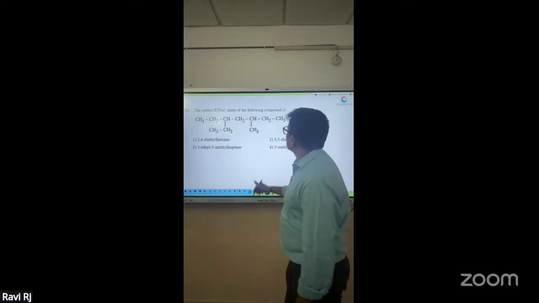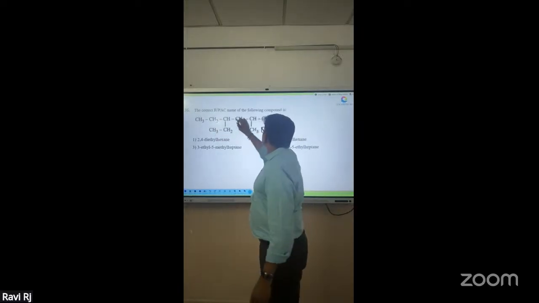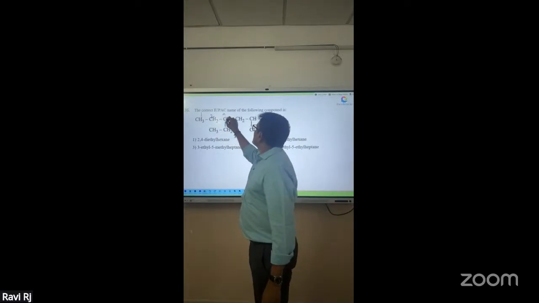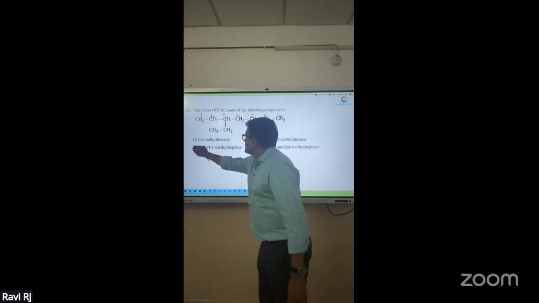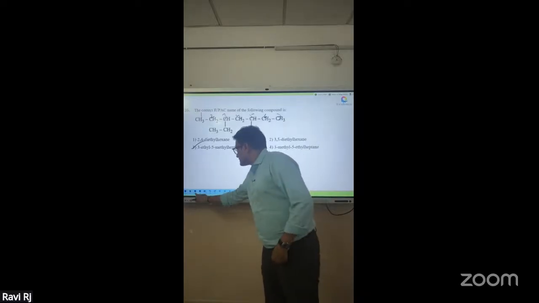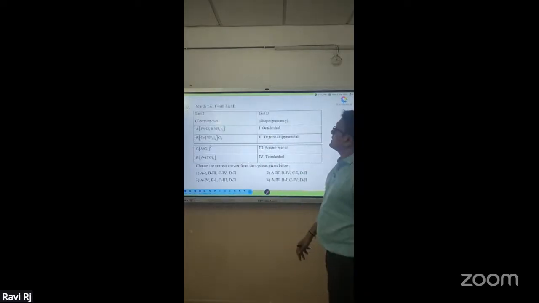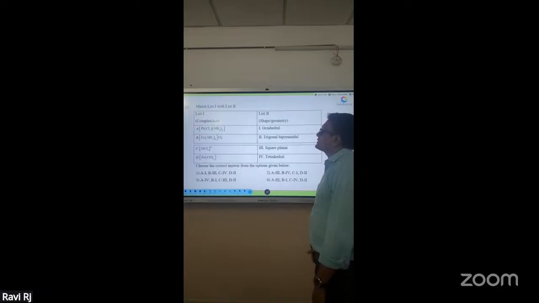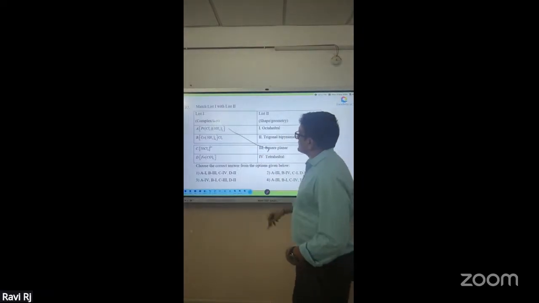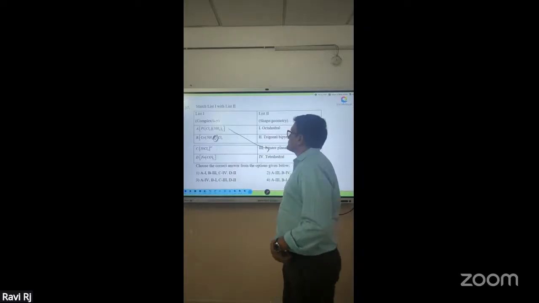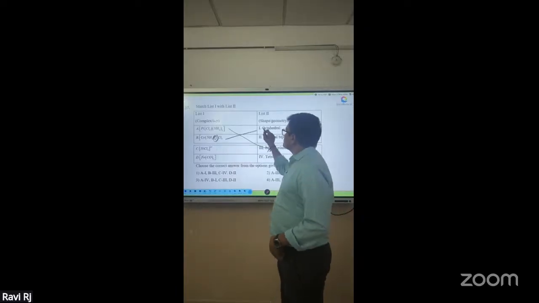Next, IUPAC name. When you are naming it, you should number from here. So 3-ethyl, 5-methyl heptane is the right answer. I hope everybody had attempted it correctly. Now, when you look at these compounds, you know that platinum compounds are square planar. Always remember this. All right, and this has a ligancy of 6, so definitely octahedral.